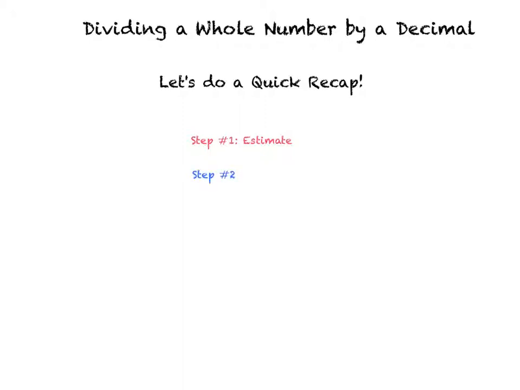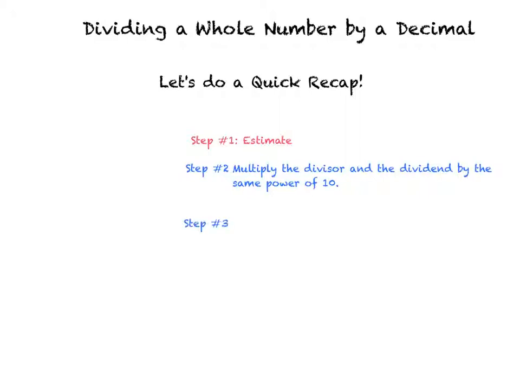Once you have completed estimating your answer, you go on to step number 2. Step number 2 is to multiply the divisor and the dividend by the same power of 10, just like I did when I multiplied 3 2/10 by 10 and then 80 by 10. That's what you need to do.